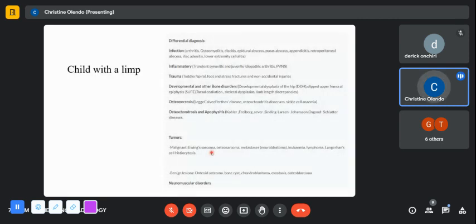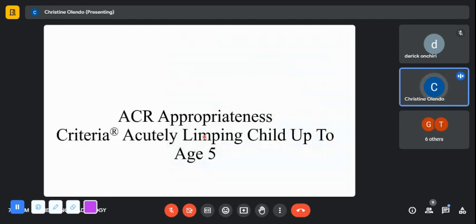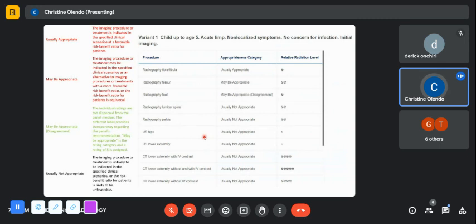So for most of the differentials, we've already gone through them either in Sada's presentation and mine, and some also in the abdominal session. So I was thinking maybe we can go through the appropriateness of imaging, and then we'll also look at some cases after that. So this was from the ACR appropriateness criteria for an acute limping child up to 5, and these were their recommendations.